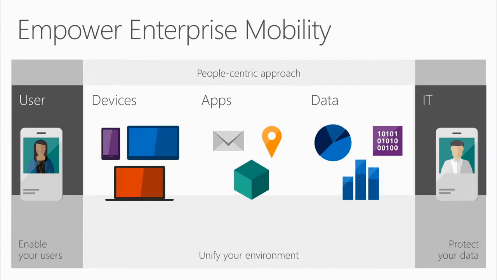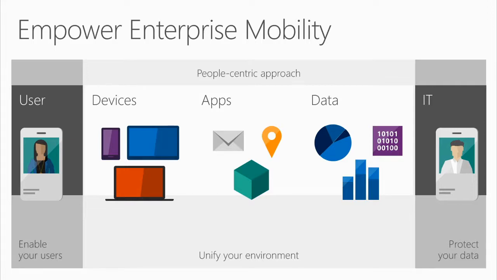The whole focus of our work here is really enabling enterprise mobility. In the world of cloud and devices, there's the user side of it, which is that users want to get at their apps, at their data, with any device they want, whenever they want to do it, wherever they are.